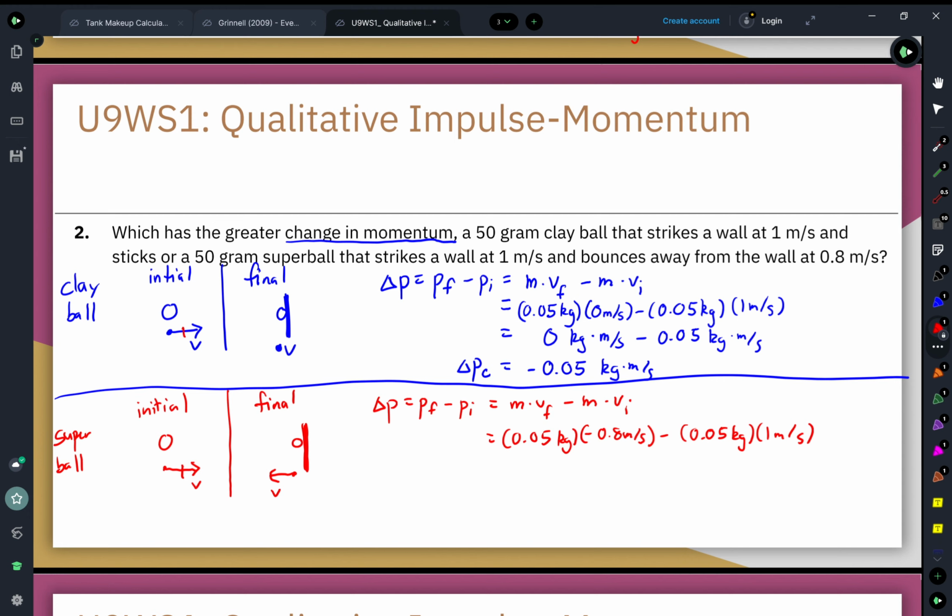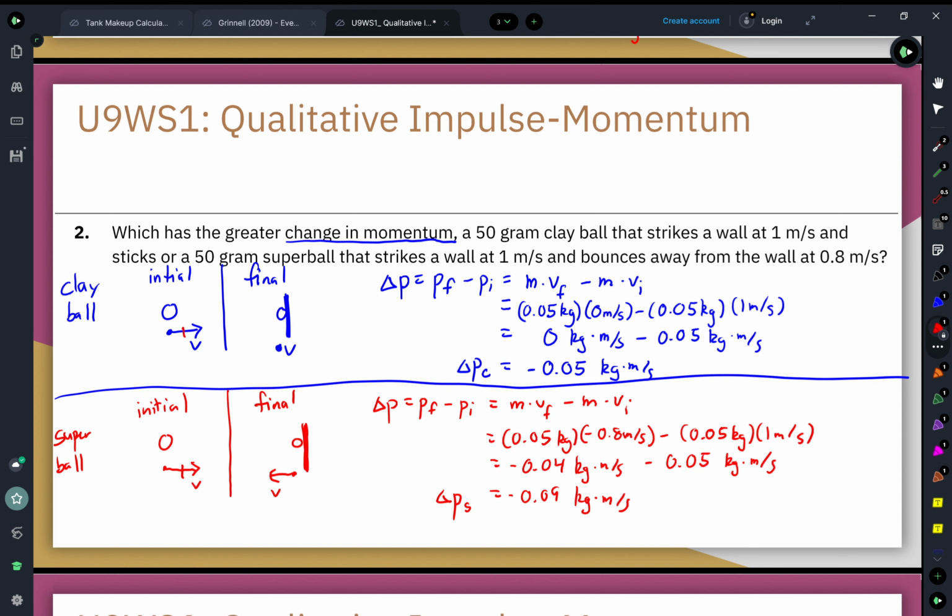When I set this up this way, instead of starting off with my final momentum as 0, I end up with a final momentum of negative 0.04 kilograms times meters per second, minus that 0.05 kilograms times meters per second. Negative 0.04 minus 0.05 will give us negative 0.09 kilograms times meters per second. And this is our change in momentum for the super ball.